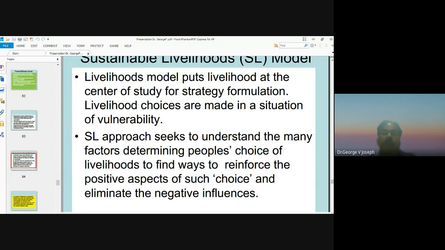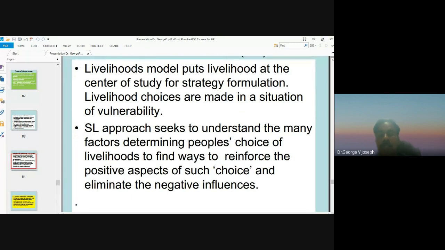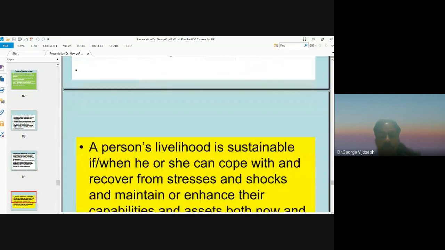Many times we have seen that if every year there is going to be flood in a particular area, people by choice move out of that place and they may not do agriculture. That is their choice, and because of that choice, people are able to reduce the vulnerabilities.